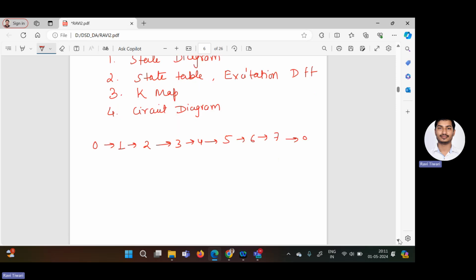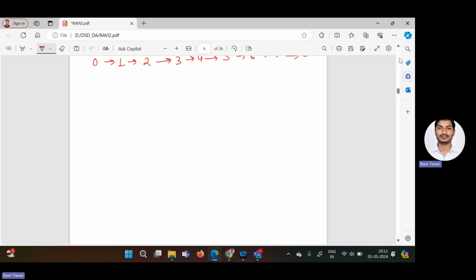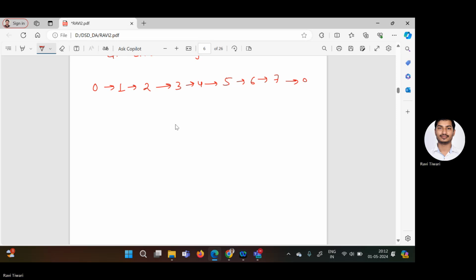Now, here you see the state diagram. A state diagram is nothing but the representation of these numbers in the binary form. As we are using 3 bits for the representation, the first number I am writing as 0, 0, 0, because for 0 we are using 3 bits. The next number is 1, so it's 0, 0, 1. Next number is 2, so 0, 1, 0.